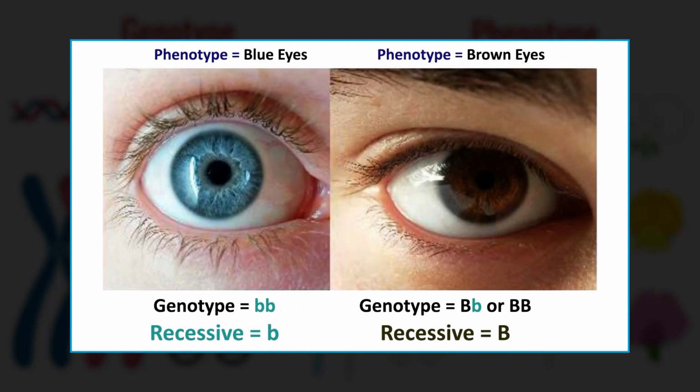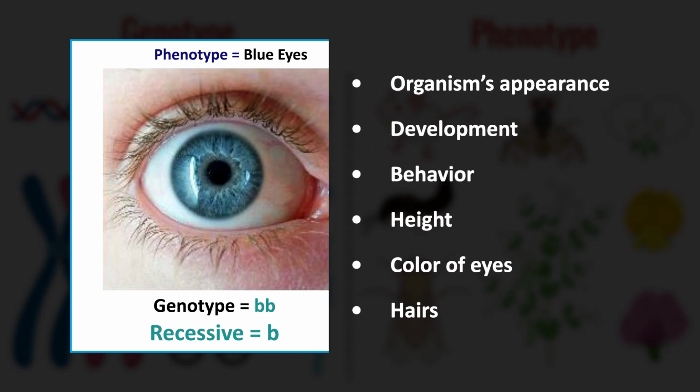Humans are diploid organisms that have 2 alleles at each genetic position, with 1 allele inherited from each parent, male and female. Phenotype refers to the physical properties of an organism which can be observed with our eyes. These include the organism's appearance, development, behavior, height, color of eyes, hair, etc.